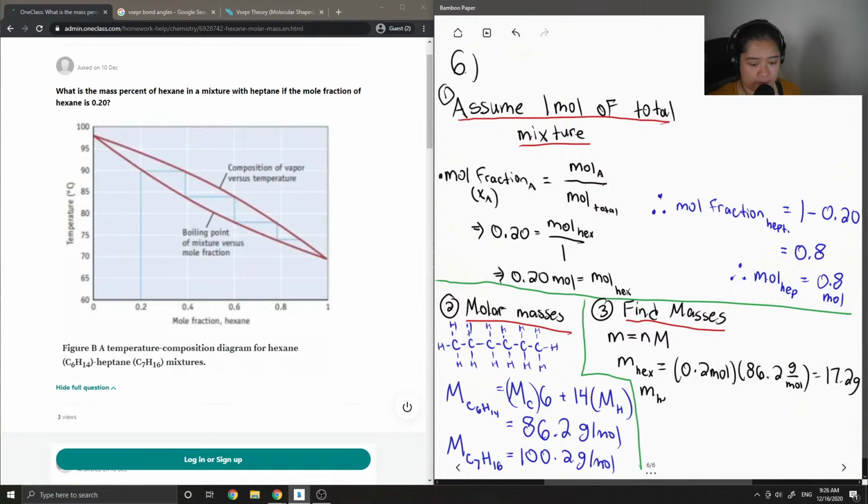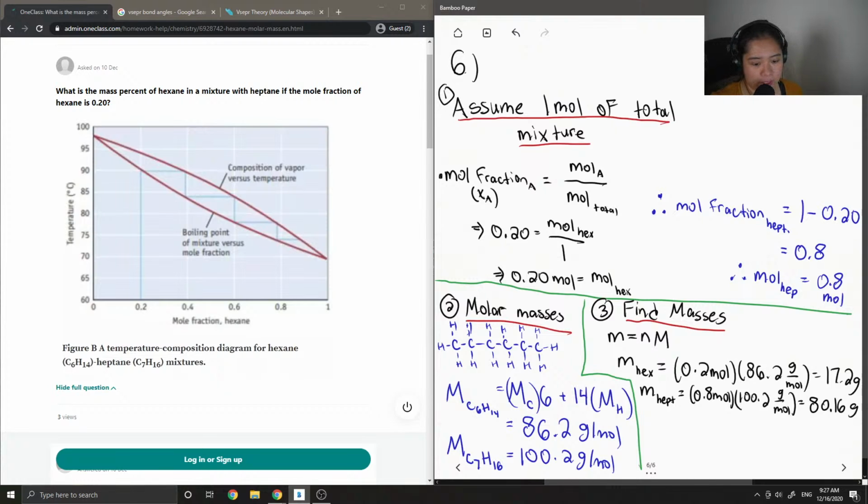And the mass of heptane is 0.8 moles times 100.2 grams per mole, which gives us a much larger value, around 80.16 grams.